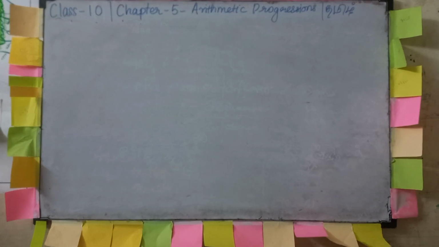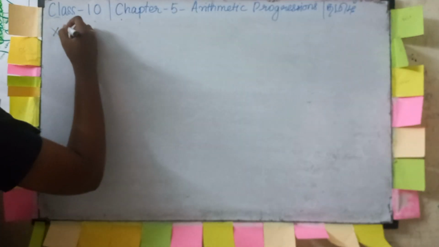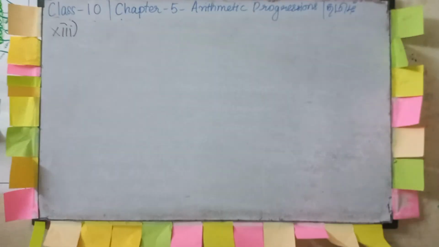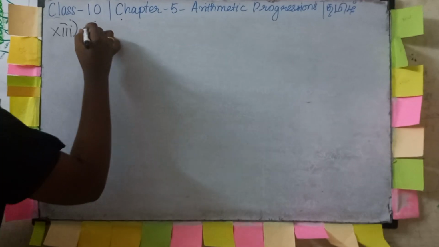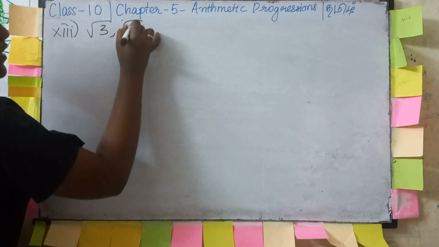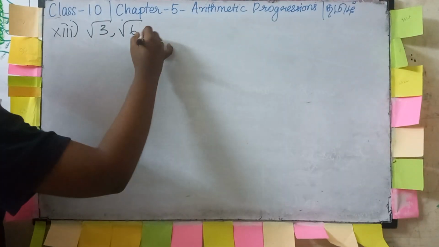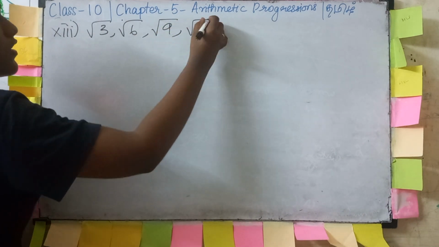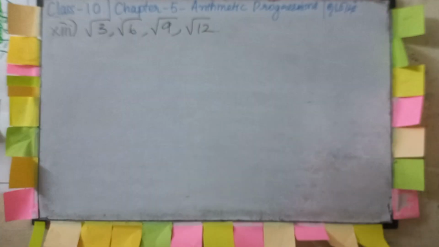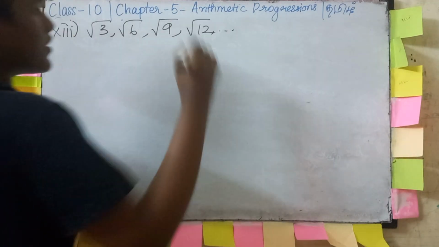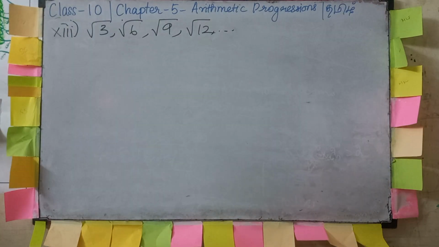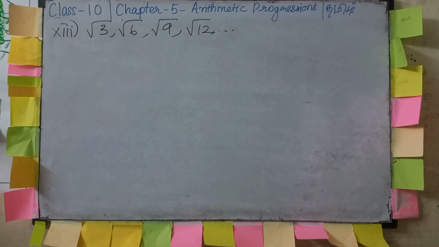But one example I will show you from 5.1, the 13th one: root 3, root 6, root 9, root 12, an infinite series that goes on. What should we do? Which of these are APs? If they form an AP, find 3 more terms.